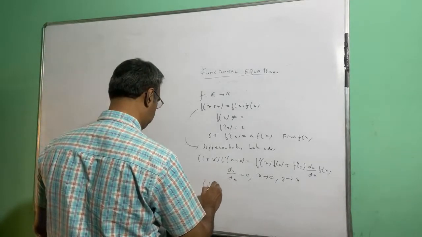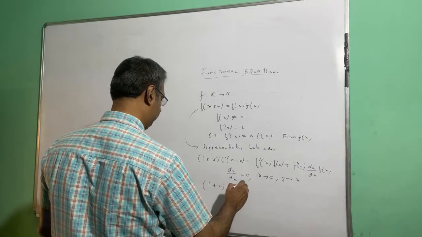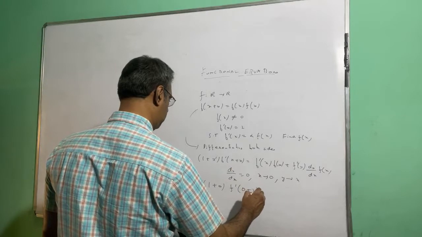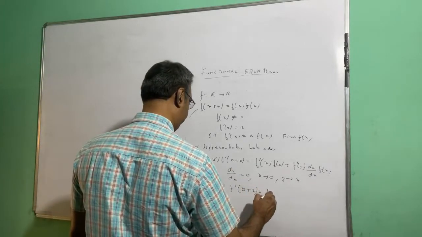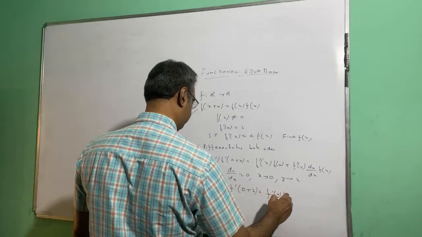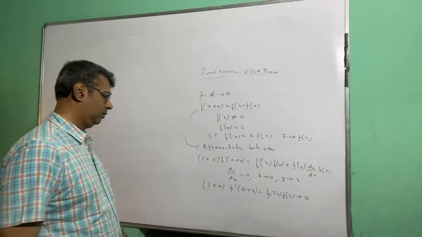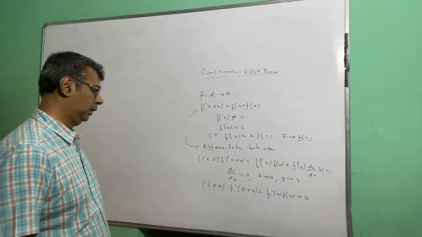So this will become 1 plus 0 into f dash, where you put x as 0 and y as x. So you will get 1 plus 0 into f dash x is f dash 0 into fx.